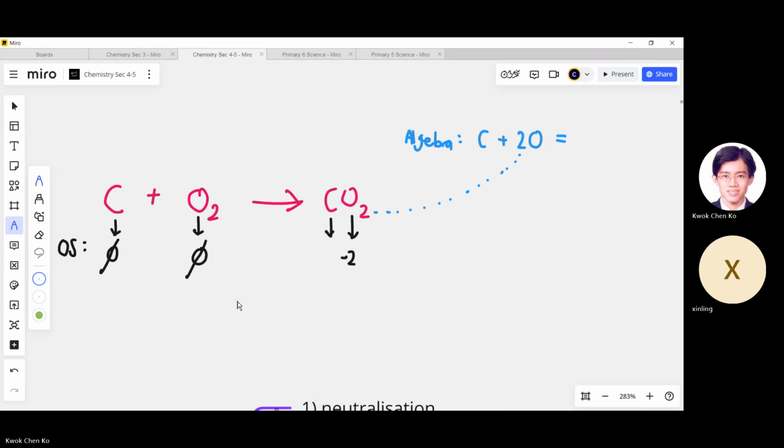And it equals 0, because this is a compound and it's neutral. So I put 0 here. But what else do I know? I know oxygen has -2, so I sub it in. Therefore, now I solve for carbon, and you should get +4. And I now know that carbon has an OS of +4.